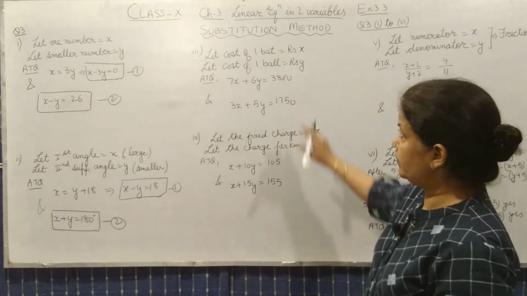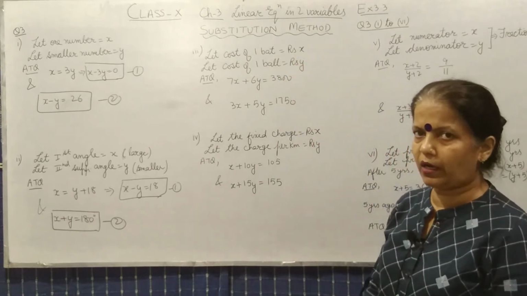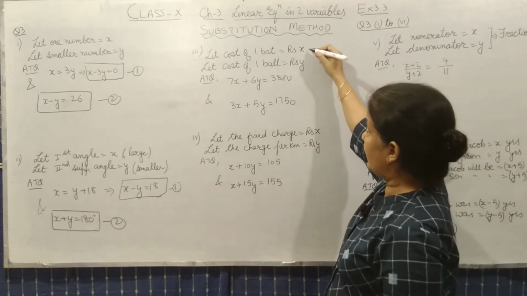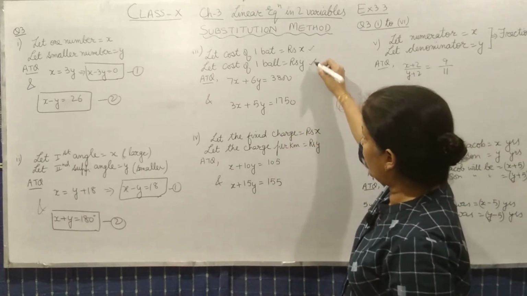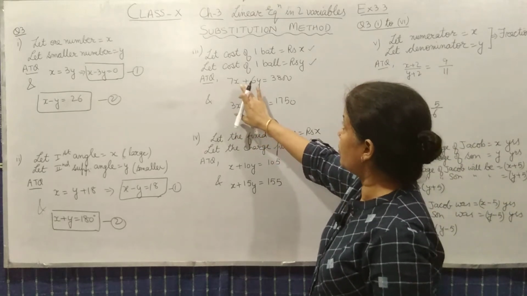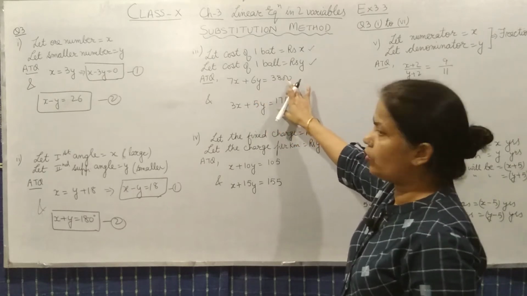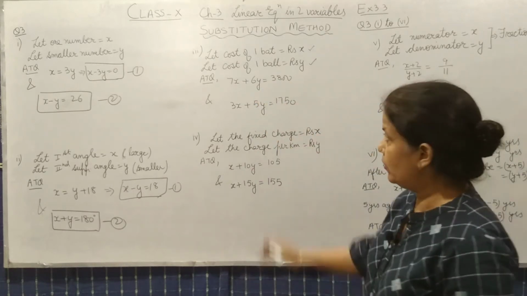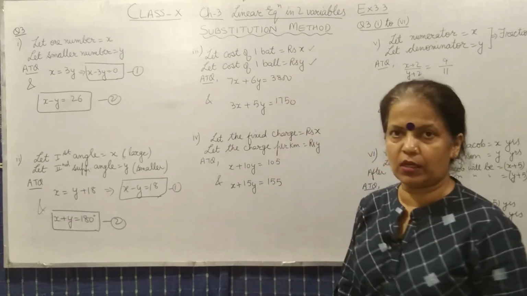Third one. This question is related to the cost of bat and ball. So let the cost of one bat be rupees x and one ball be rupees y, and it is given the cost of 7 bats and 6 balls equals 3800. So 7x plus 6y equals 3800.